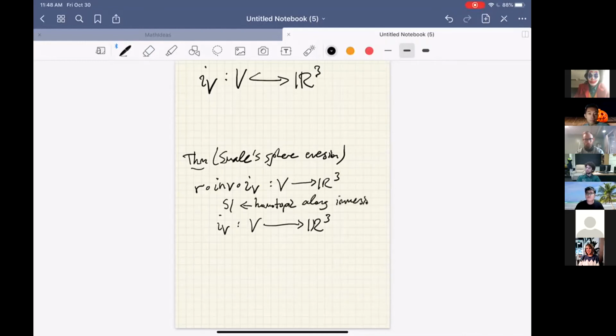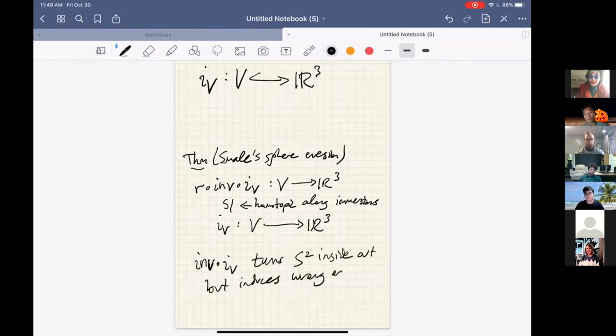So that's what it means to turn it inside out, that the inclusion is homotopic along immersions to the inverse. So notice, if I just have inversion with the inclusion, this also turns the sphere inside out, but it induces the wrong orientation. That's why I need the R. So it's not homotopic. So here's the statement of the theorem.